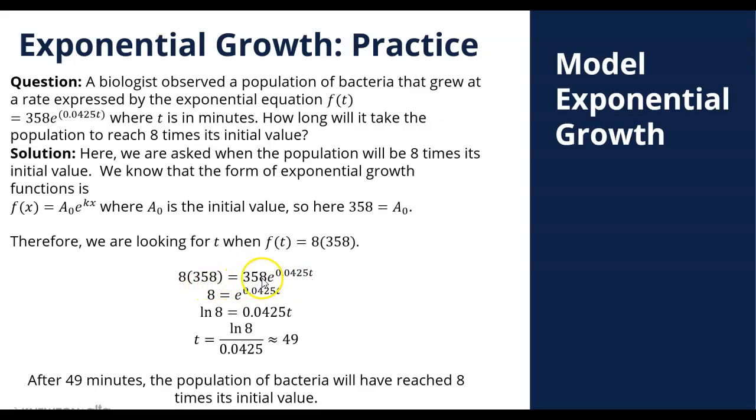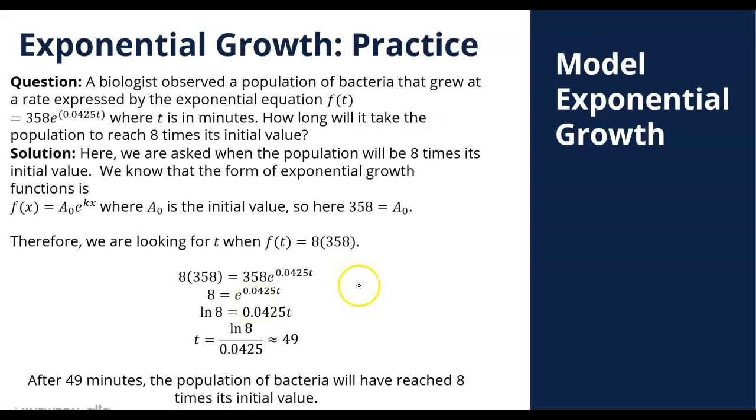Now, since 358 is common on both sides of the equation, we divide both sides by 358, to cancel 358 on both sides. So therefore, we have 8 equal to e to the 0.0425t. And then we take the ln of both sides. We have ln 8 equal to the exponent here.